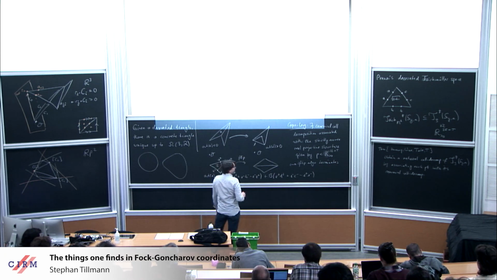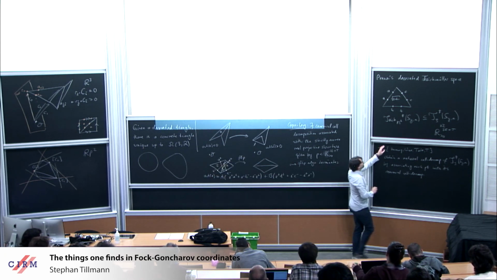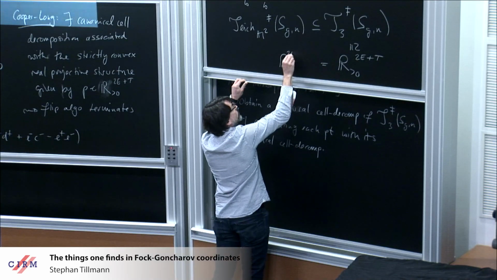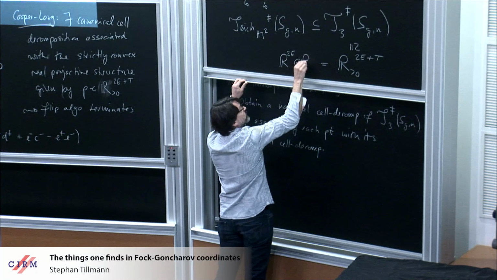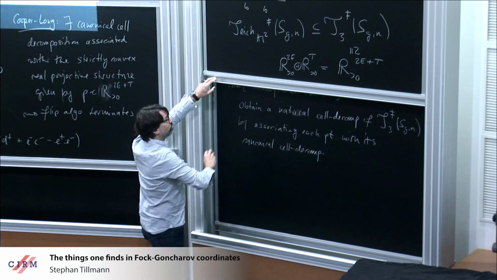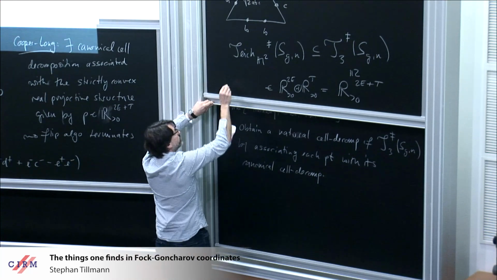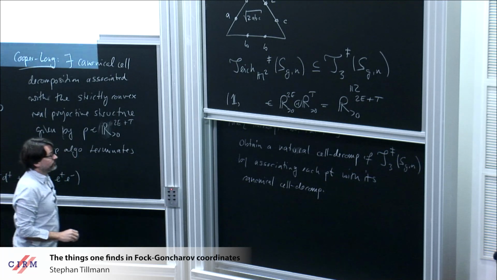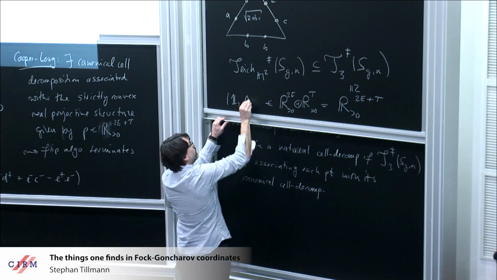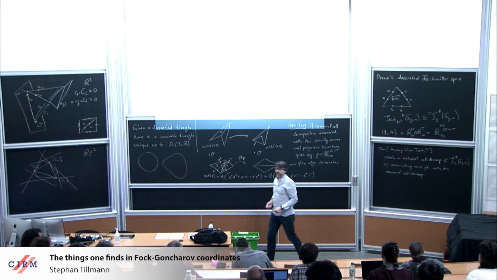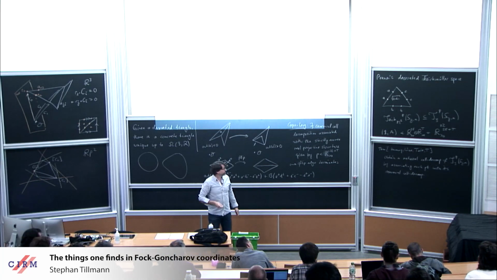So if I think about these vectors in R^(2e+t), I can really think of this as R^(2e) times R^t. And so useful points to look at here is, well, make all the edge invariants equal to 1 and allow yourself for the triangle coordinates to basically be arbitrary positive numbers.